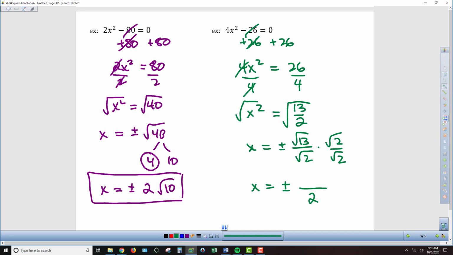So I've eliminated the square root from the denominator. And then up top here, I'm just going to multiply these two numbers. They're still underneath the square root symbol. The square root symbol doesn't cancel out in this case because I'm not multiplying it by itself. So just 2 times 13 is 26. So we've got the square root of 26 divided by 2. So we've got our result here.